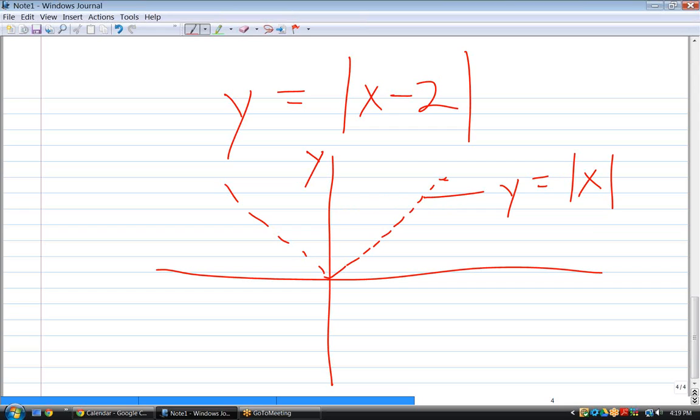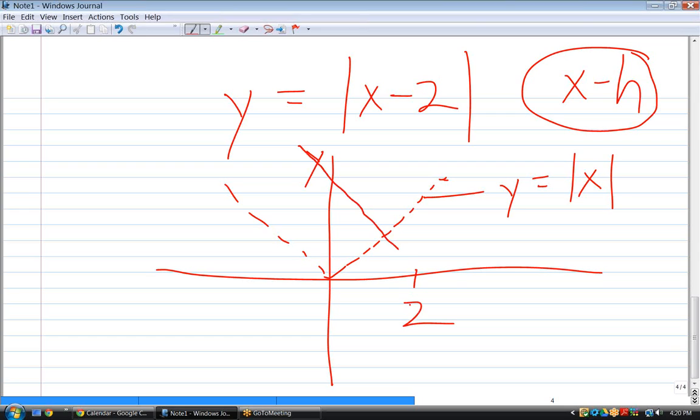Then wouldn't you just move it over 2 on the x-axis? Which way? To the left. Or no, to the right, because it's positive. Right, because absolute value. X minus h. Always remember that's the fundamental. And so in this case, h is a positive 2, and positive means move it to the right. So if that's 2, then this thing would look like this. This would be y equals absolute value of x minus 2.